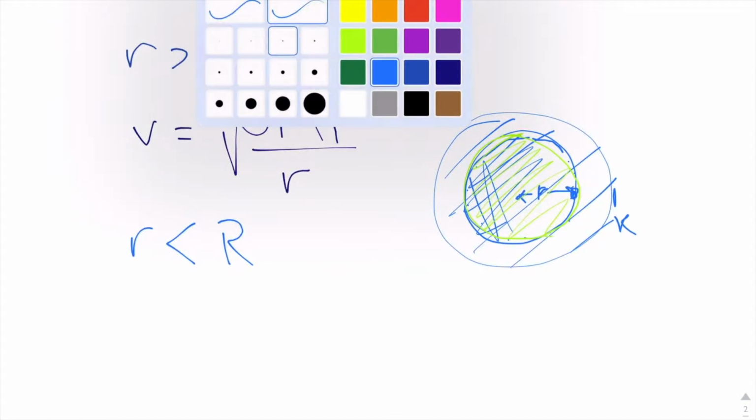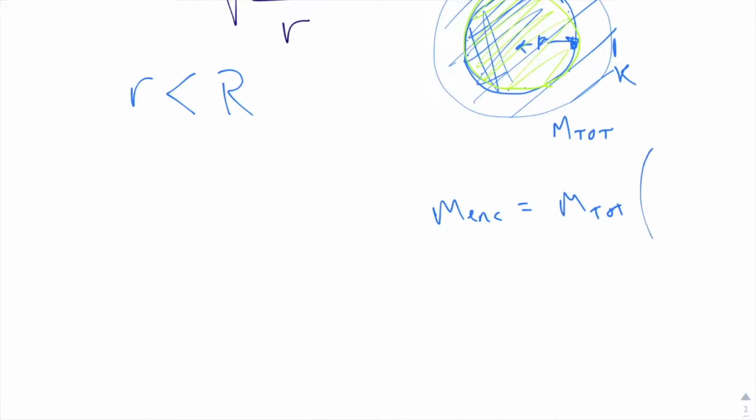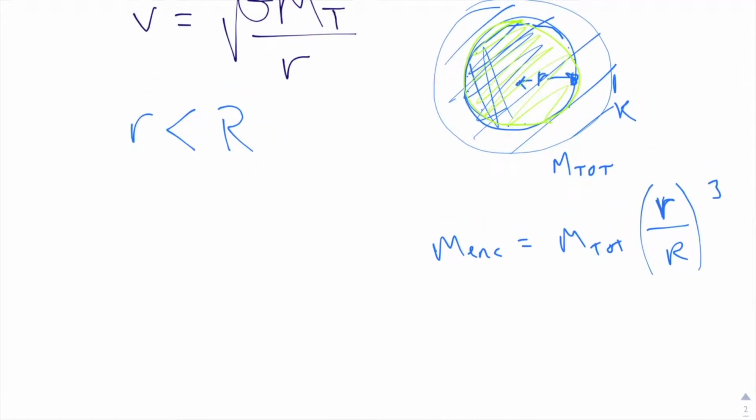If the total mass of the galaxy is M total, then mass enclosed is just M total times the ratio of r to big R cubed. It's just the ratio of the volumes, because we're assuming the density is constant.